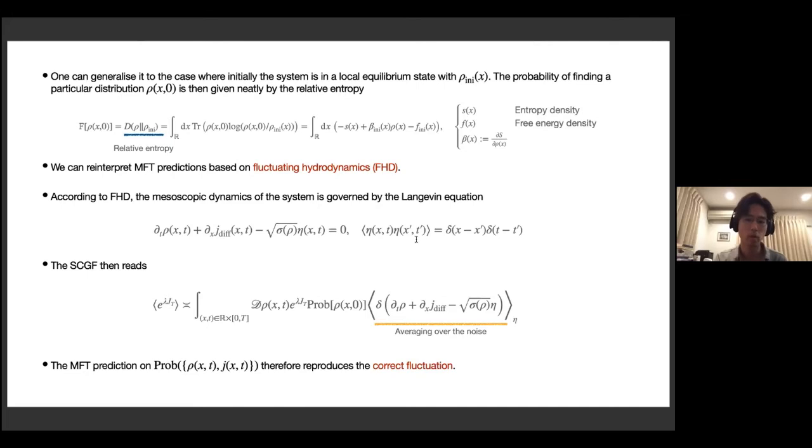So do you treat eta as a simple noise? The role of the noise here is really a macroscopic noise coming from thermal fluctuation. I know its origin. I'm not asking about the origin, but are you treating it like a simple noise or a multiplicative noise? I'm not sure what you mean by simple noise. Okay, don't worry.